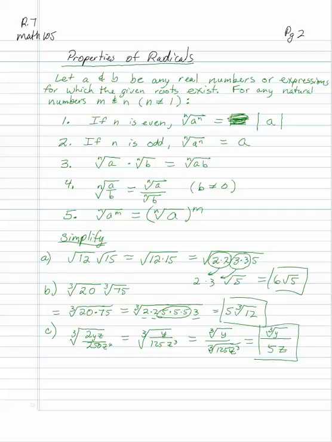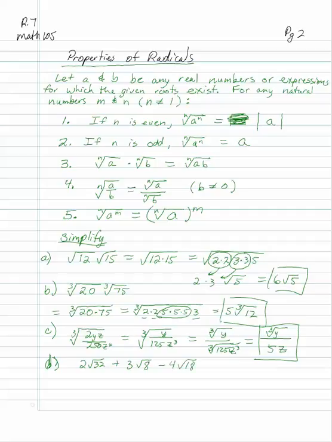Alright, now let's review simplifying like radicals. Look at this one. 2 square root of 32 plus 3 square root of 8 minus 4 square root of 18.